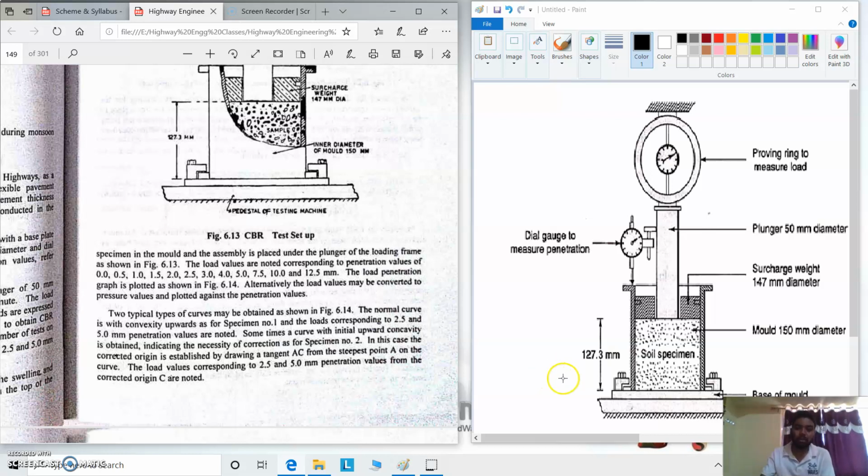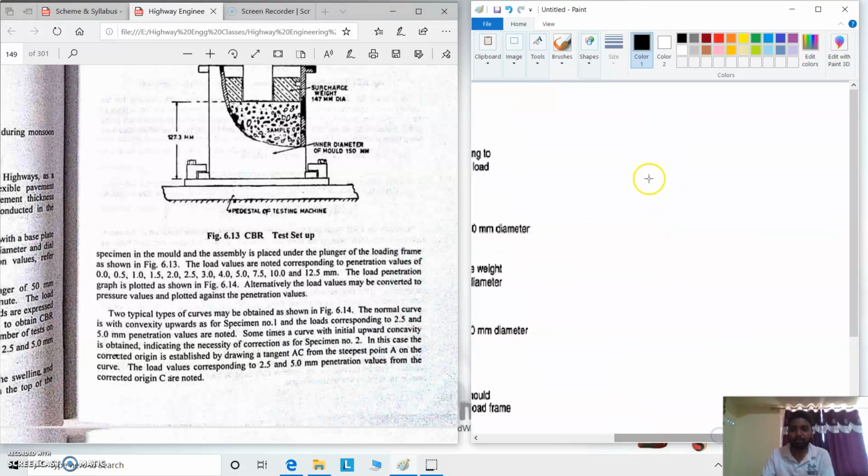So here the load value will be noted against penetration in mm, for 0, 0.5, 1, 1.5.